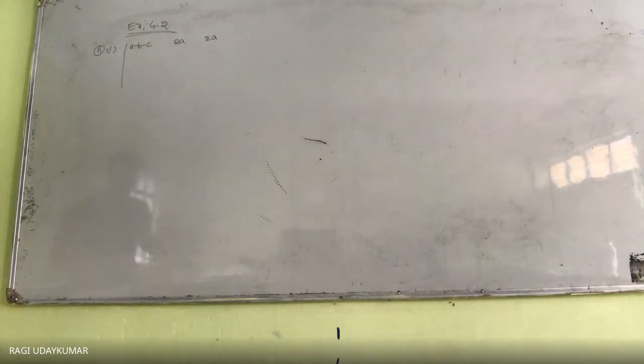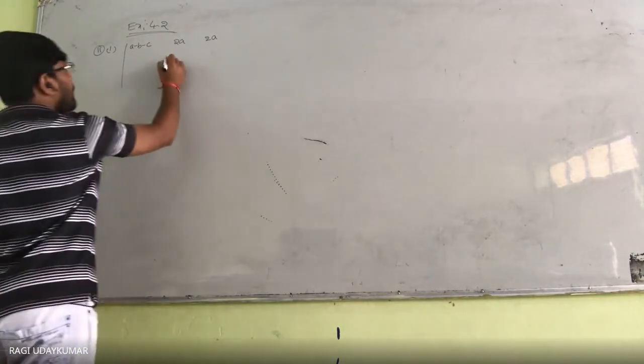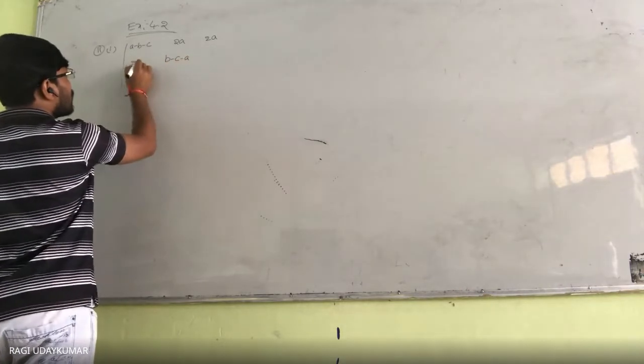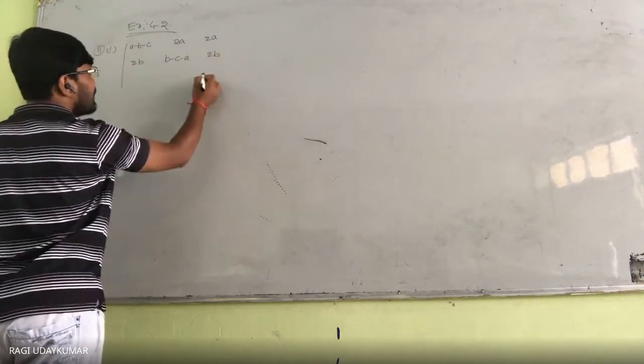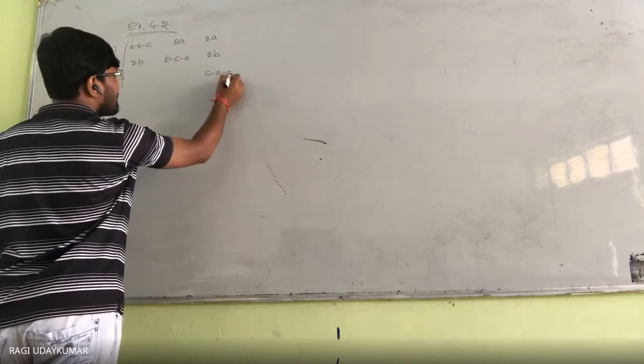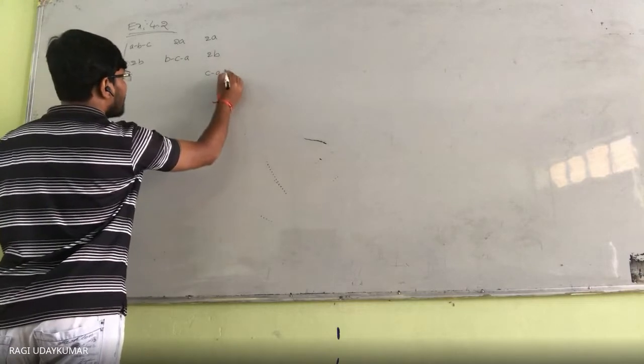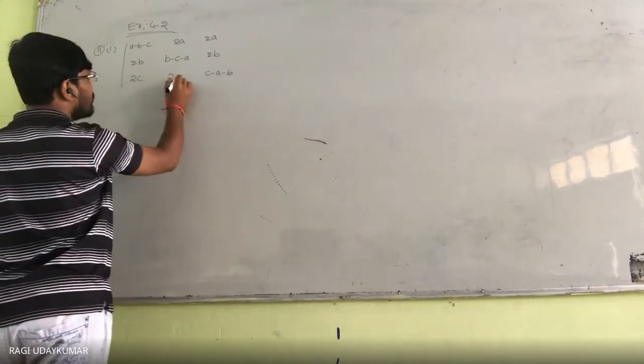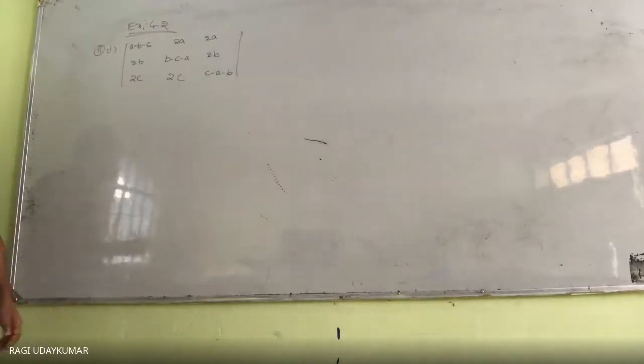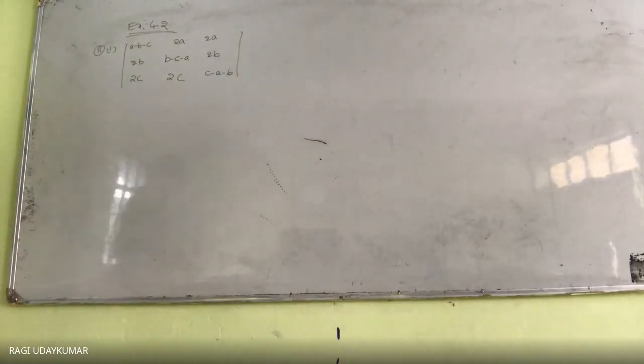B minus C minus A, B minus C minus A. Here 2B, here 2B. Here C minus A minus B, 2C, 2C. This is the determinant. I am asking you to prove that this is equal to A plus B plus C whole cube.